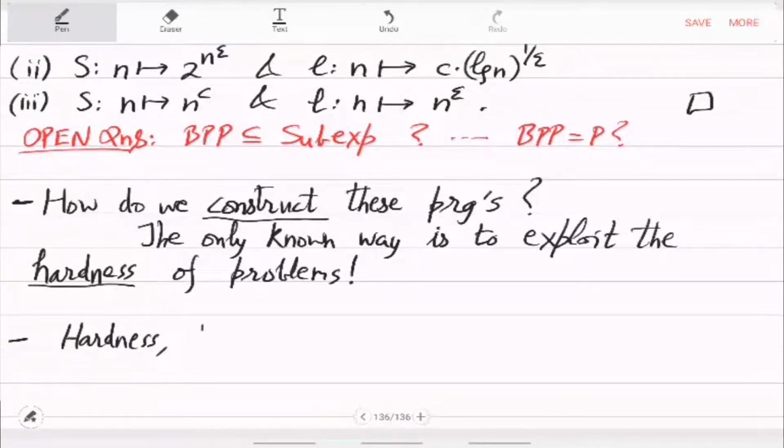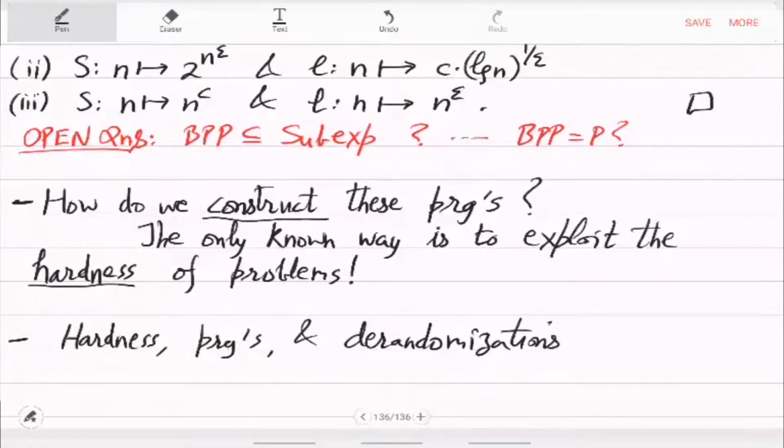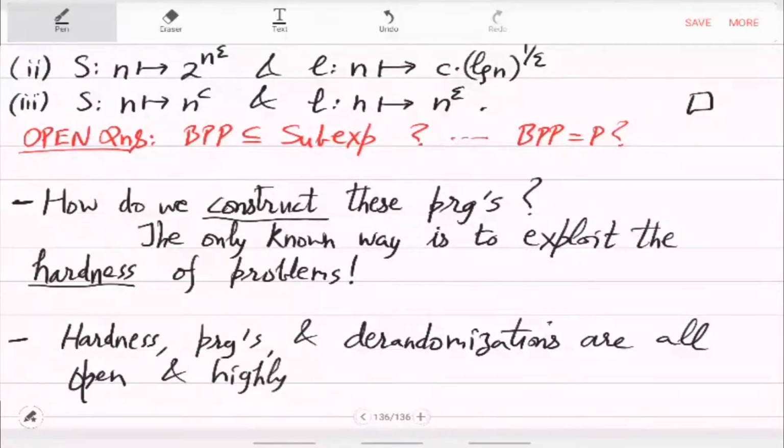So hardness, PRGs, and de-randomizations are all open, and highly related.